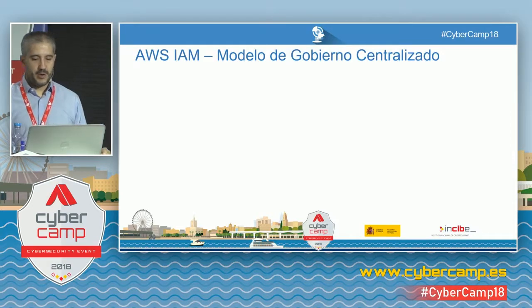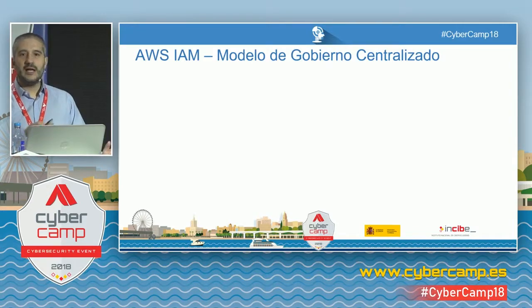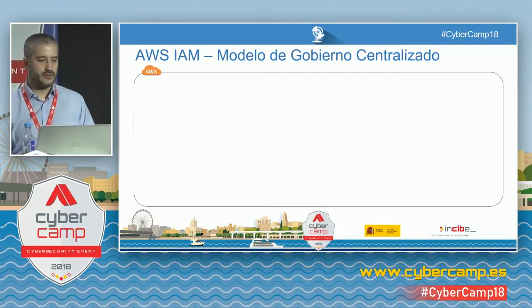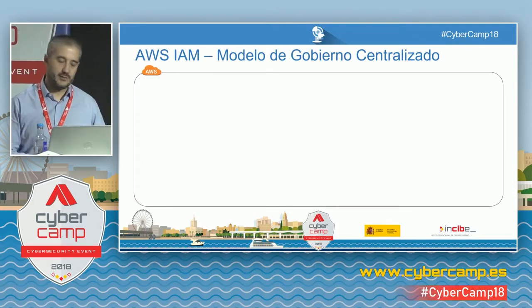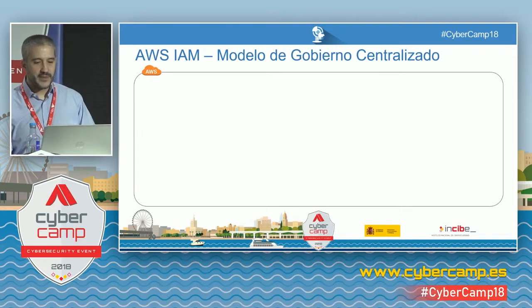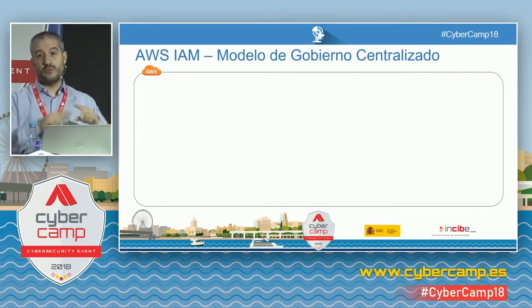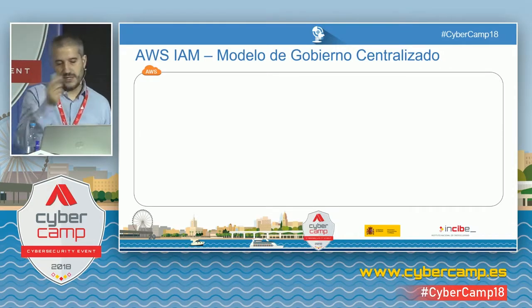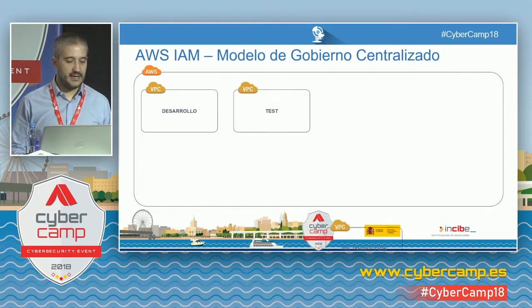When we use an Amazon account, we can do it in different ways now, not in the past, because in the past we used to say, well, I have an Amazon account and then I can start the VPC, their networks.